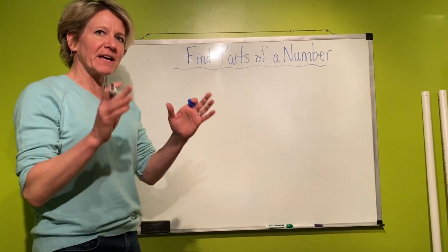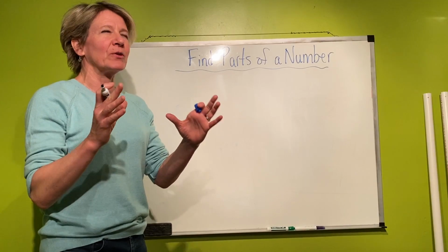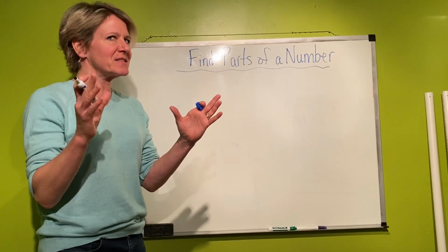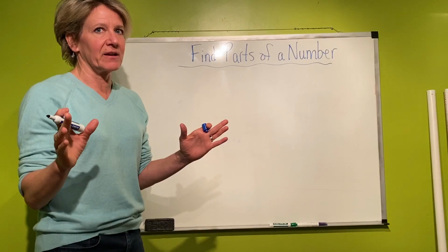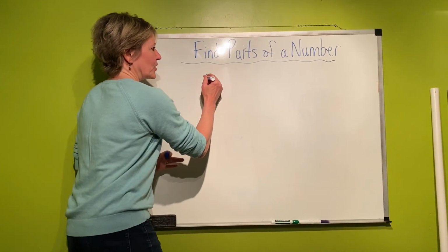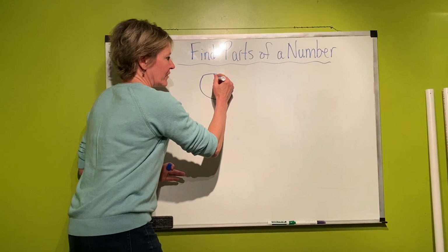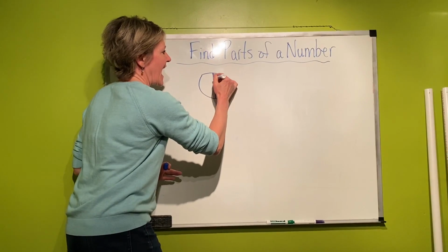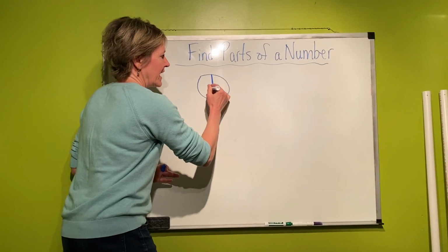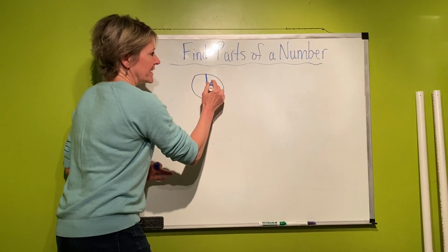If I wanted to find a part of a number that was really common sense, you could just do it in your head. Watch this. You and I, we order a pizza together. And the pizza man just cut it in half. And so here's one half and here's one half.